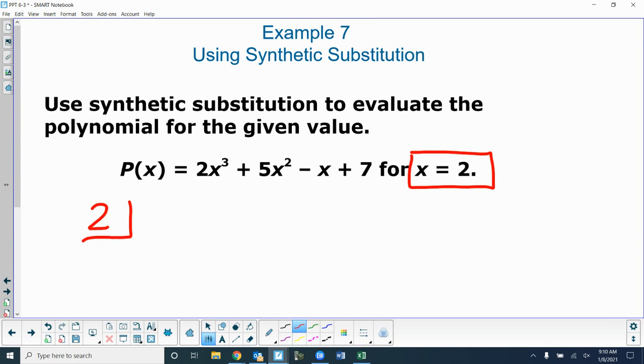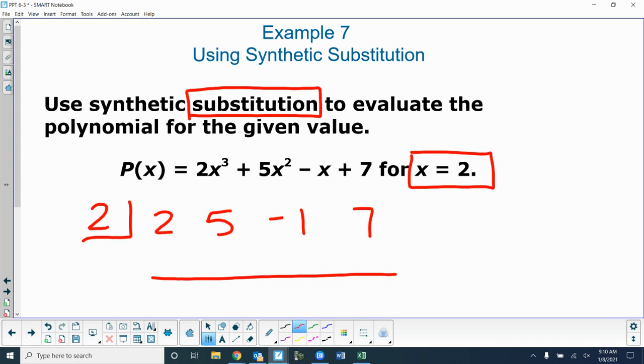So when they say synthetic substitution, they'll tell you what x equals. They'll tell you what to put in the corner. But everything else is the same. I got my 2, I got my 5, I got my -1 and 7. Okay?